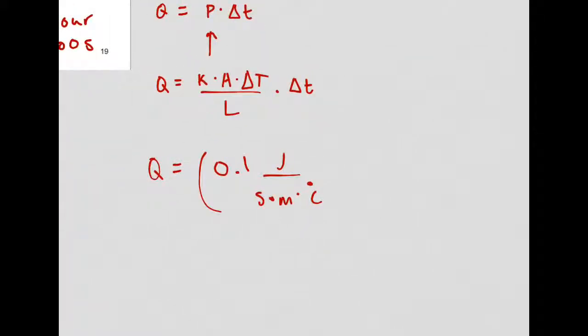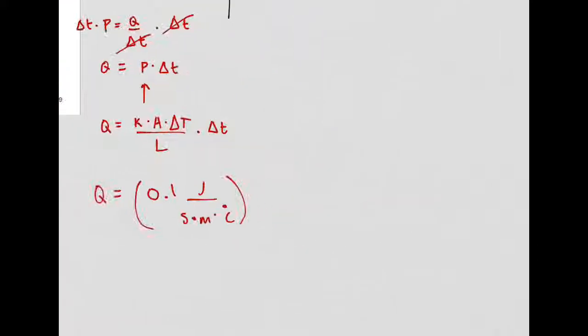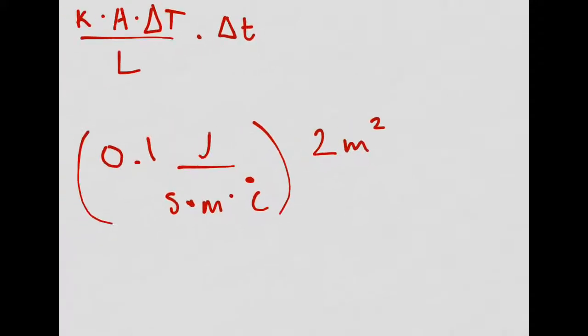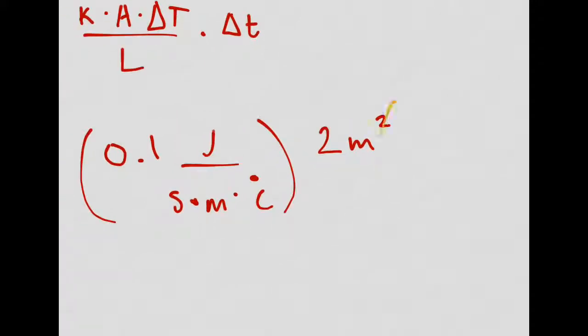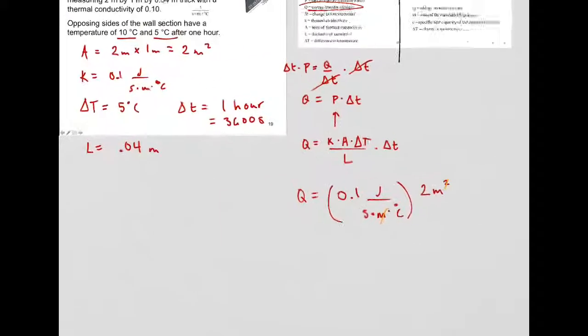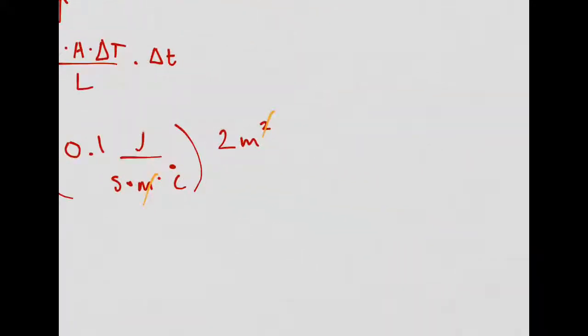And then that's in the top, times A. A was 2 meters squared. One of those cancels out with that. That's nice. And then times delta T, capital T, that was 5 degrees Celsius.